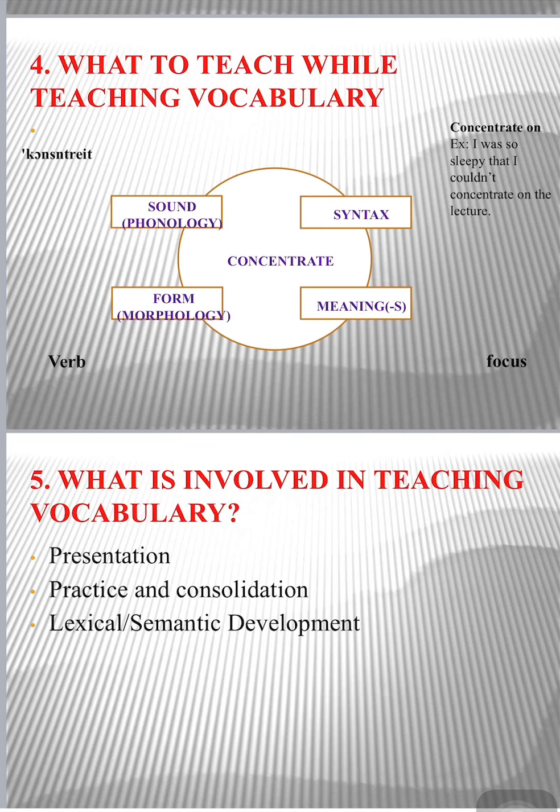About the meaning, we know that it has a synonym, focus. And the last, we know how to use it in a sentence, and we also need to know the preposition, concentrate on. An easy example: I was so sleepy that I couldn't concentrate on the lecture.